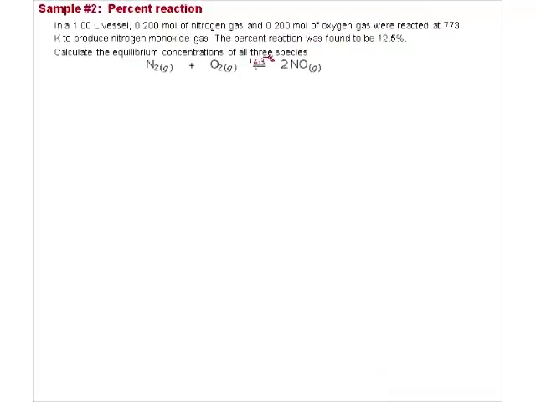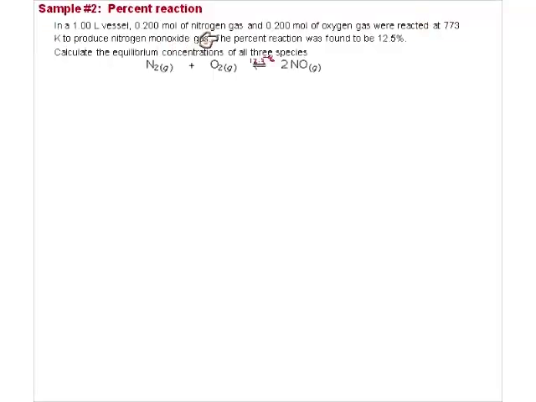Okay, here's another type of chemical equilibrium reaction involving an ice table. In this particular reaction, we've got a 1-liter vessel again. We're putting in 0.2 moles of nitrogen gas and 0.2 moles of oxygen, and we're going to bump the temperature up to 773 kelvins.